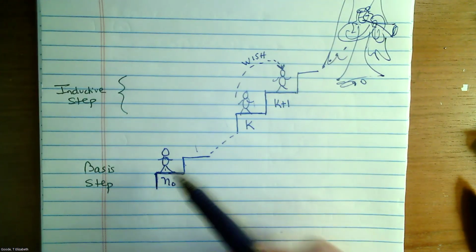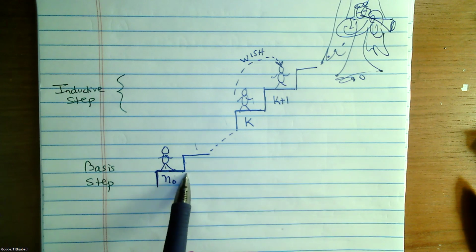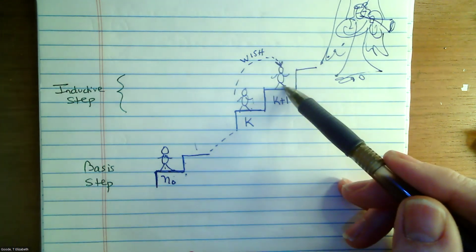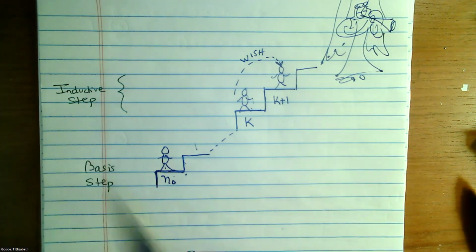But there are two pieces of work for us. Get on the staircase by proving a basis step, and prove that if we're on a step, that we can step up to the next step. That's called the inductive step. Okay. So now we're ready for the formal principle, the statement of the principle.